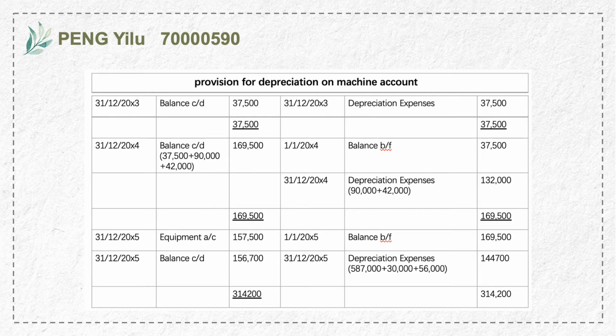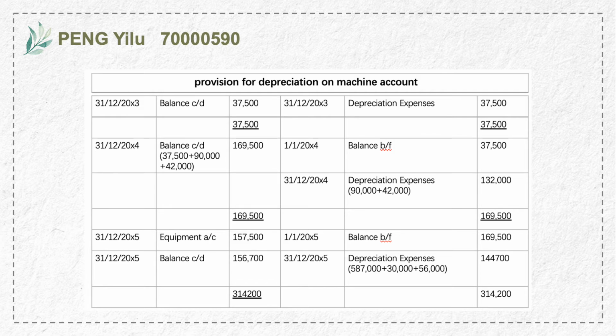And on 31st December 2000 X4, we write down depreciation expenses of 132,000. So we can add them up, it equals 169,500 as balance carry down.